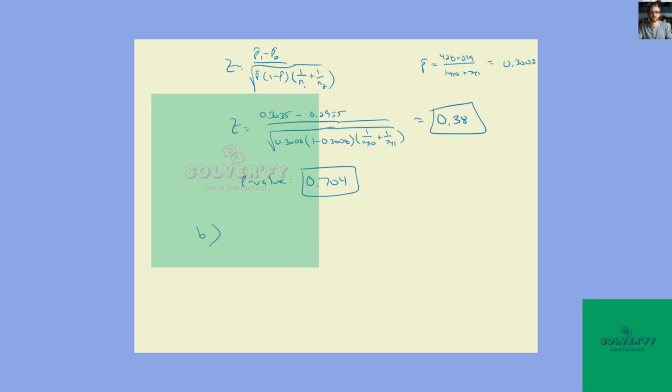Now we want to test the claim by constructing an appropriate confidence interval. The confidence interval is going to be the difference between the two proportions plus or minus the 99%, that's an alpha of 0.01. That critical value, critical z, is 2.576.